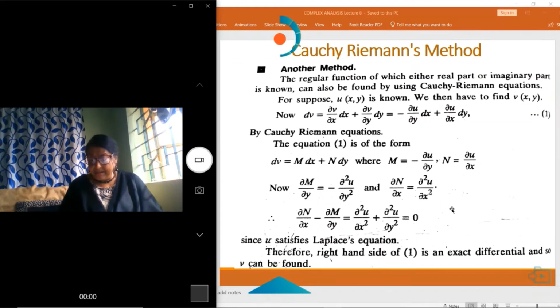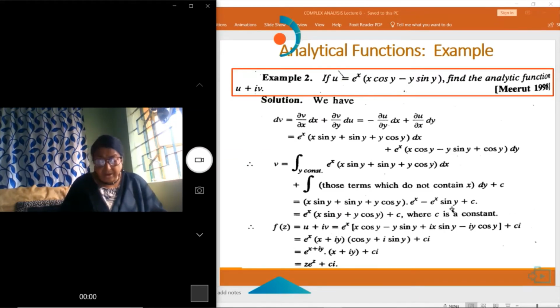Here another method is also given. You try at home. Another example is given, and that is your homework.